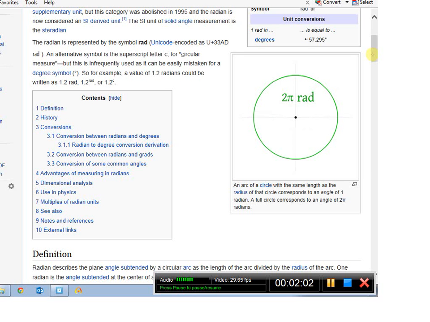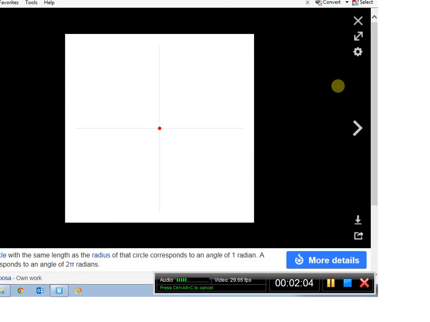So this little applet here is pretty cool. Let's do it again. There's the radius. Draws the circle. Bend it along the arc of the circle. That's 1 radian.